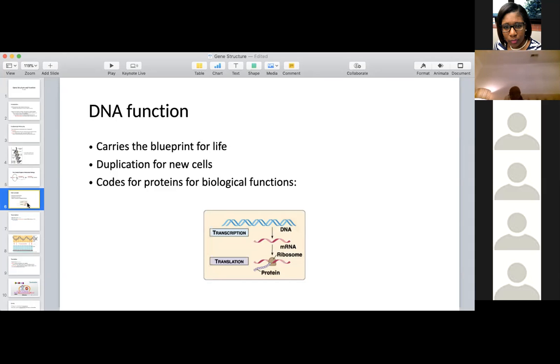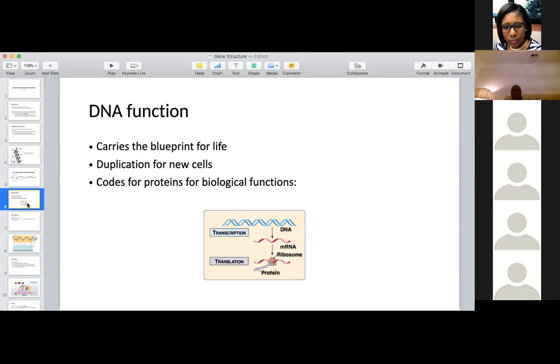It carries the blueprint of life. It is being duplicated whenever we make new cells. We looked at that in our unit on mitosis and meiosis and in the eukaryotic cell cycle. We saw how new DNA is being made. But more importantly, as we're talking about cell function, DNA codes for protein.